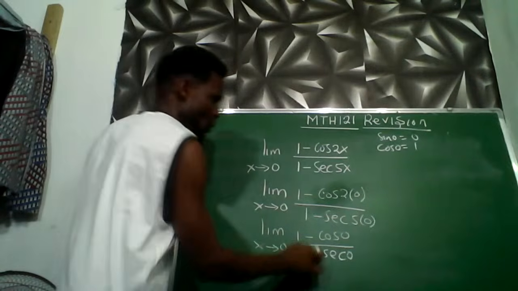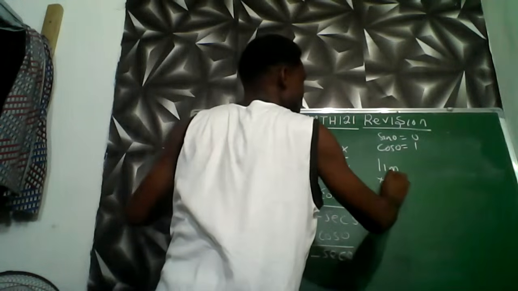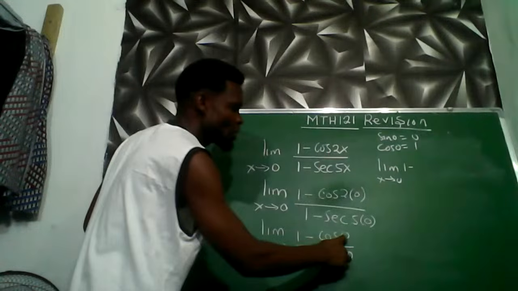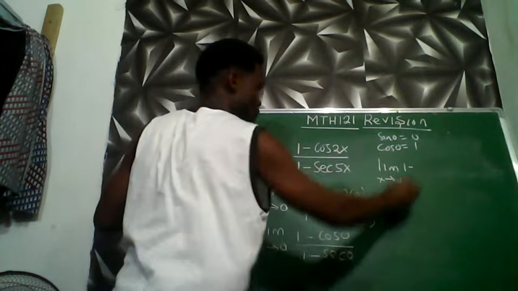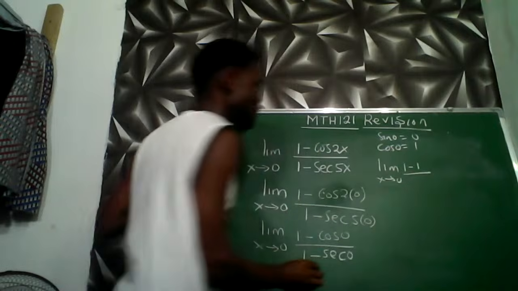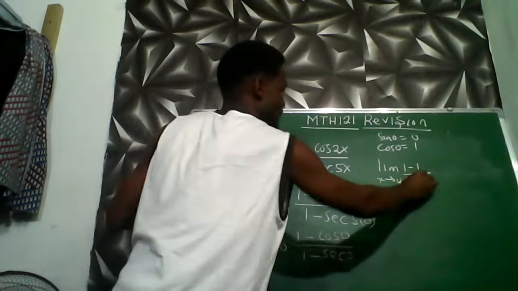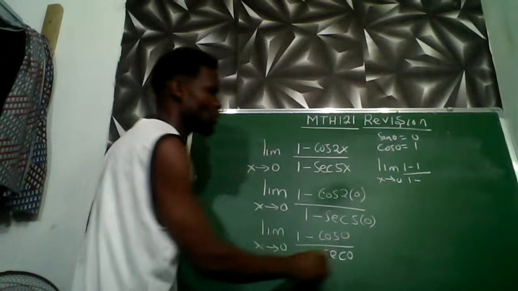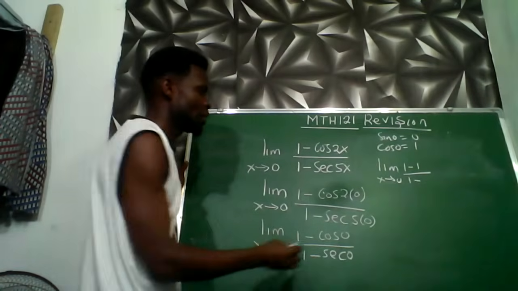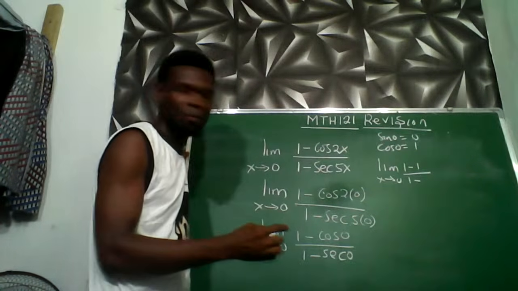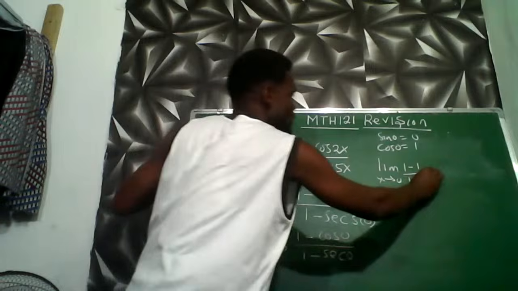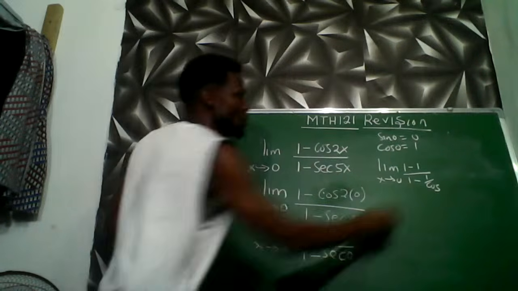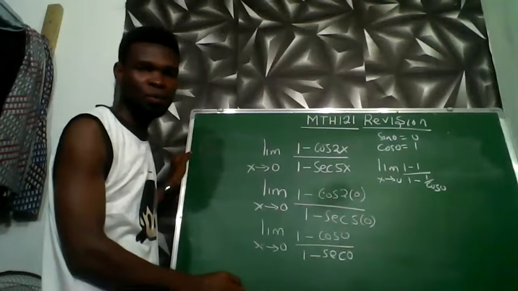All right. So if you come back to this place, we have the limit as x tends to 0 of 1 minus cos 0. Cos 0 is 1. Then 1 minus sec 0, and sec 0 means 1 over cos 0.